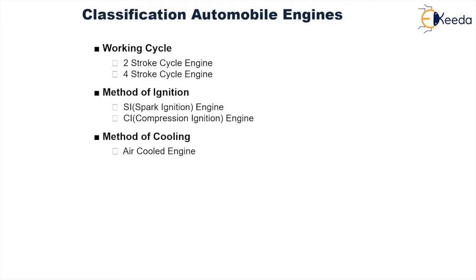So, in order to avoid this, along with air cooling, water cooling and oil cooling may also be used, wherein a water jacket or an oil jacket is provided around the combustion chamber, where the heat carried away in the fins is taken up by the oil or water, and this oil and water is cooled by the draught of air. So this is a secondary type of cooling system.